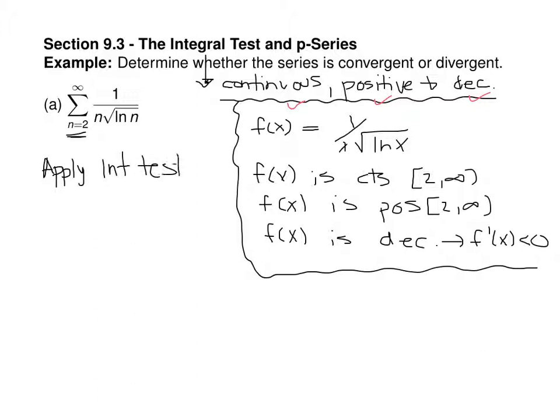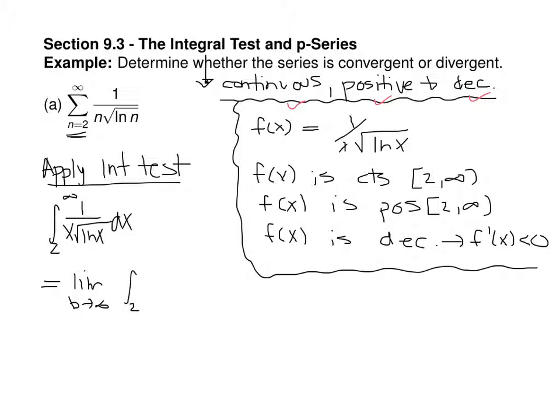the integral test, and we're going to find the integral from 2 to infinity of 1 over x root ln x dx. That's the same thing as the limit as some b goes to infinity of the integral from 2 to b of 1 over x root ln x dx.